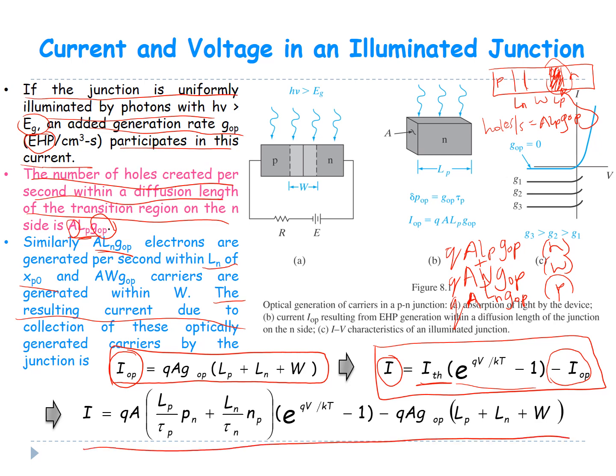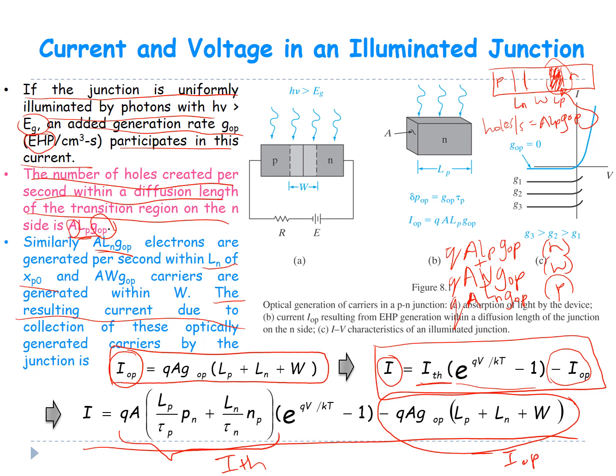So this is our I_OP, and from previous chapters we derived our I thermal is equal to that. So that becomes your total diode current under illumination, the total diode current of an illuminated junction.